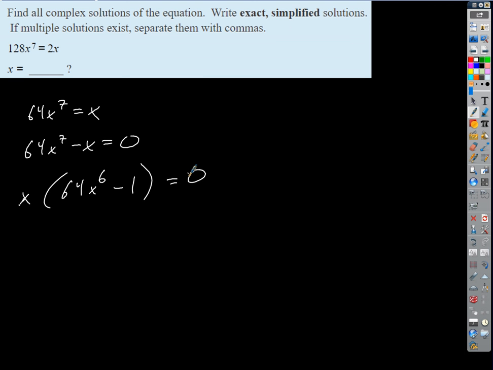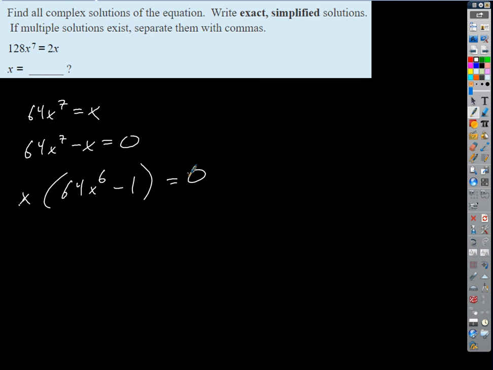Or what else could I do? You could also cube both of them and get 4x squared minus 1, negative 1 cubed. Well, I can't cube anything, but there's two different patterns I could use here, right?